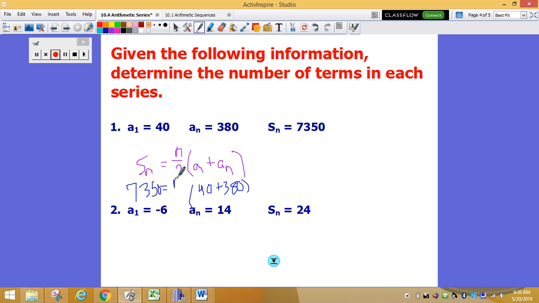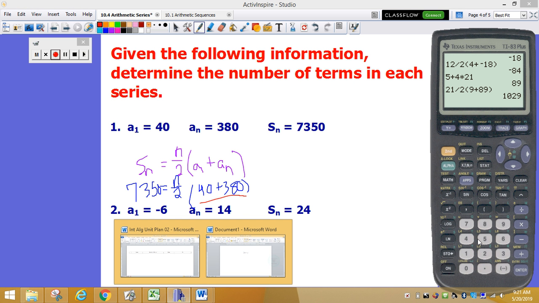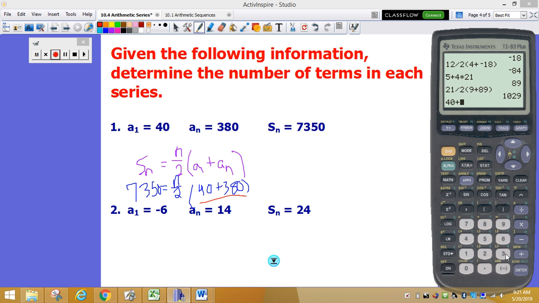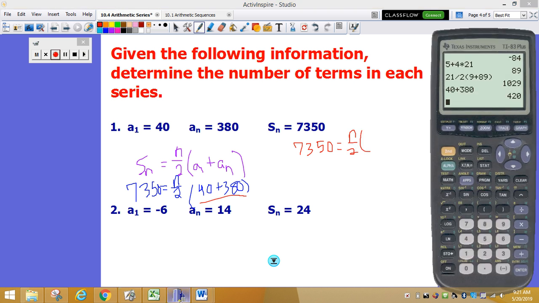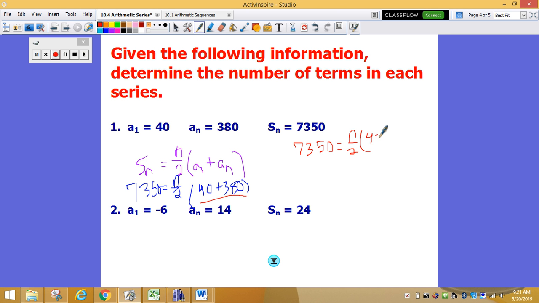So now we're just playing a game of get n by itself. I want to solve this equation and get n by itself. So I'm going to start with this parentheses part. I'm going to do 40 plus 380. 40 plus 380 is 420. So I got 7,350 equals n divided by 2 times 420.